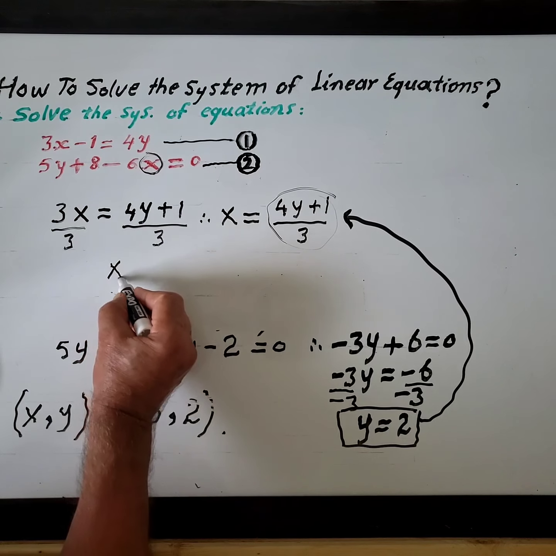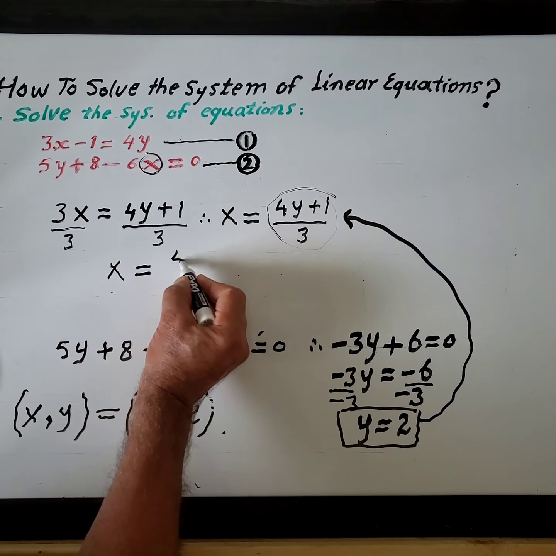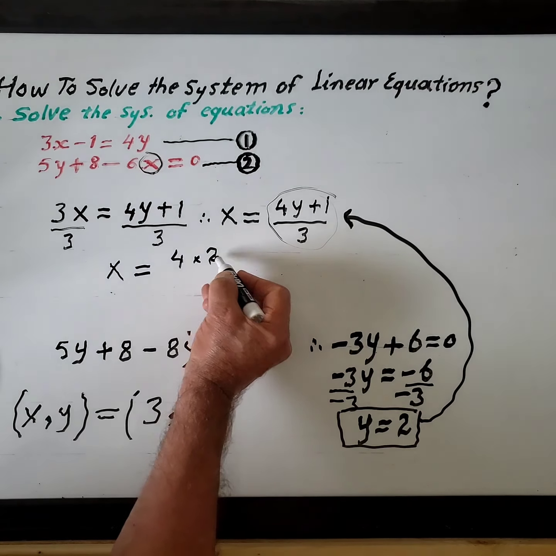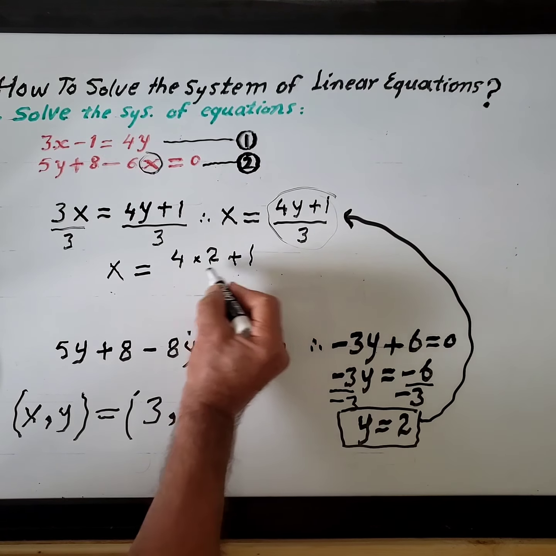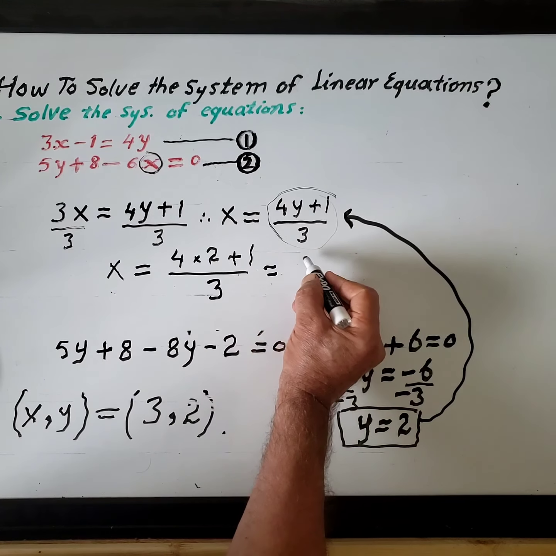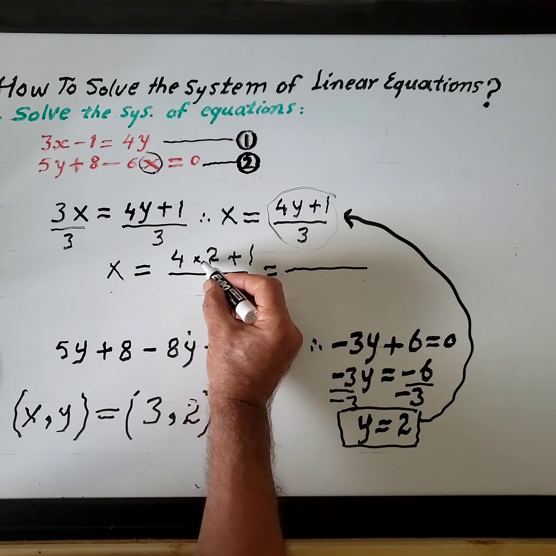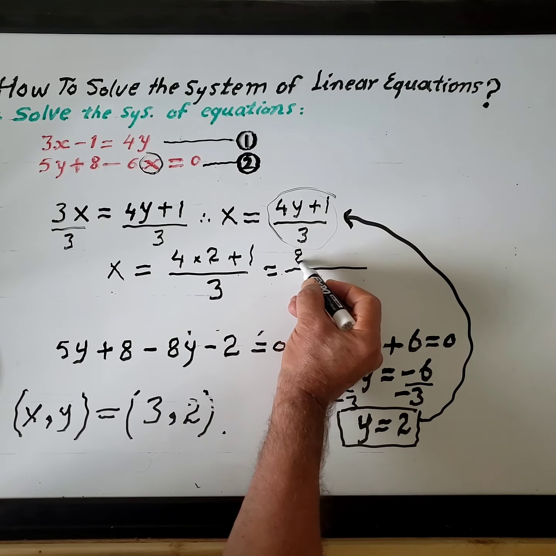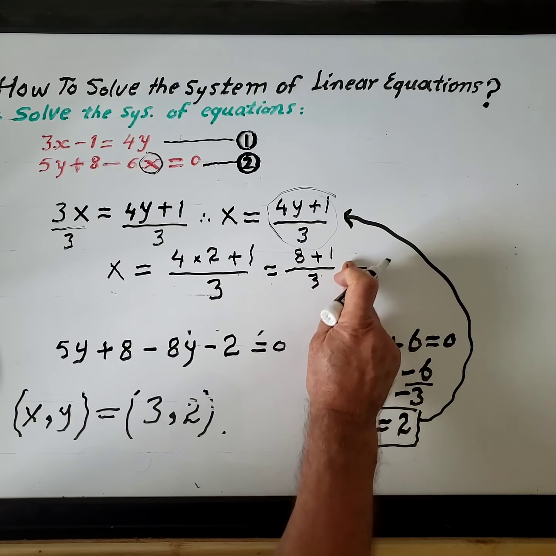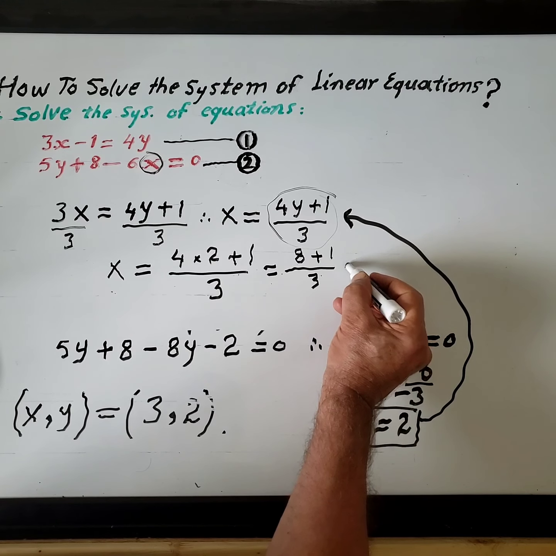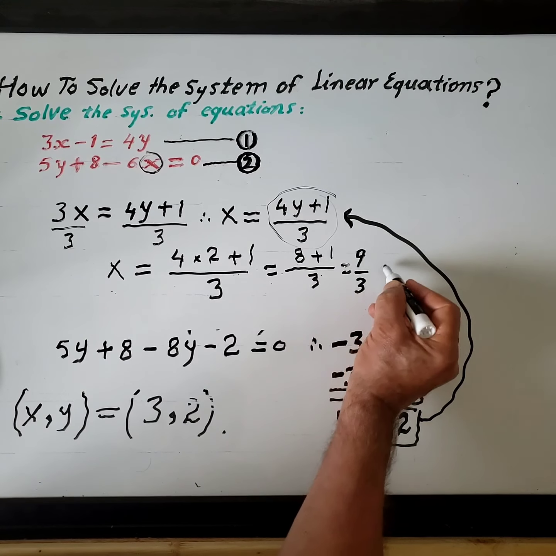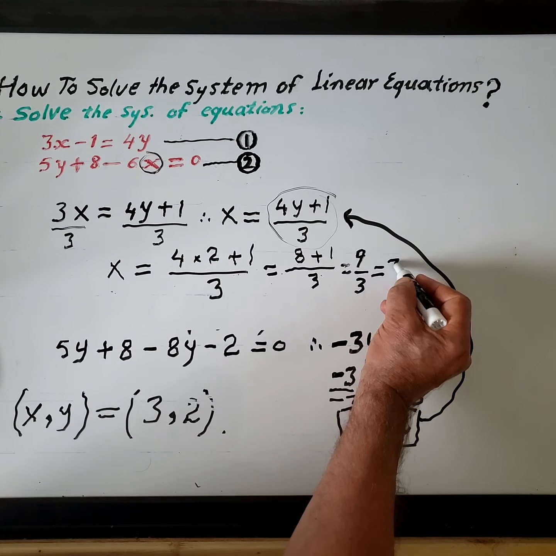So x will be 4 times 2 plus 1 over 3, which means 4 times 2, that means 8, plus 1 over 3, also which means 9 over 3, which means also just 3.